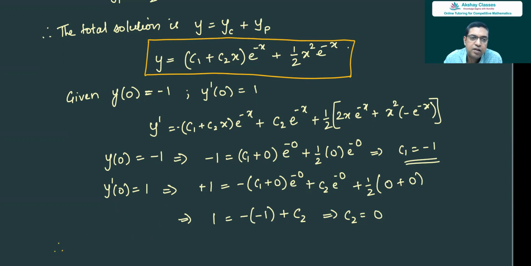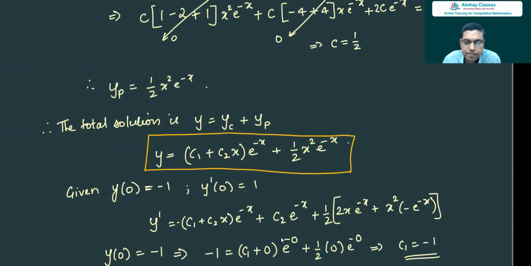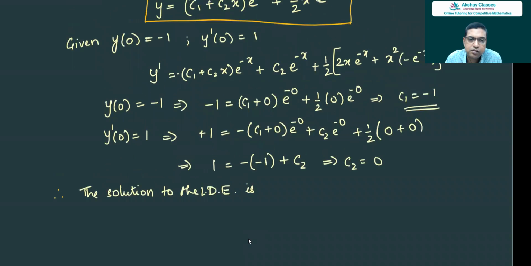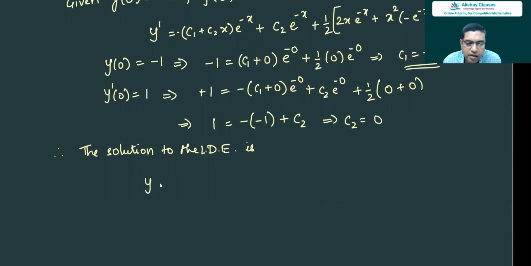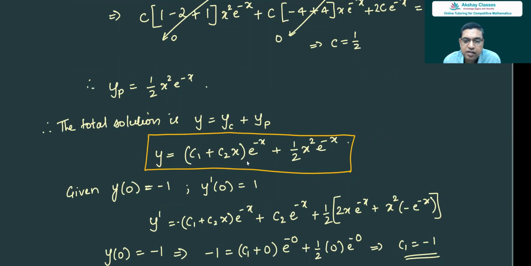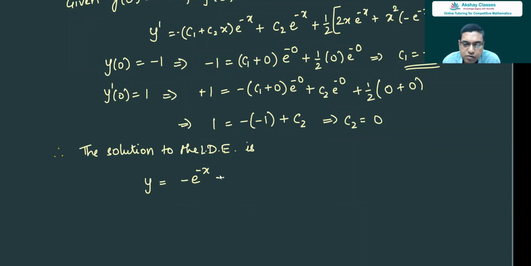Therefore, the solution to the differential equation is y is equal to c1, which is minus 1, times e power minus x, c2 is 0, so minus e power minus x plus half x square e power minus x.